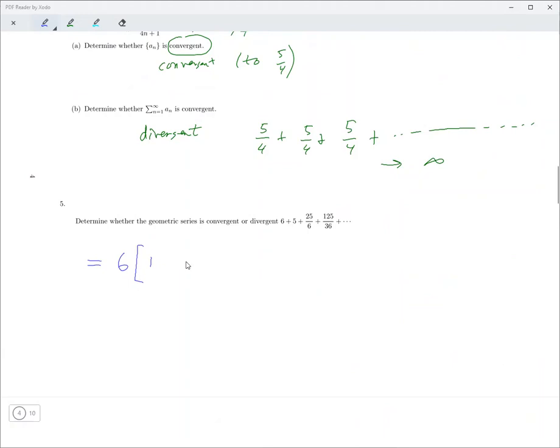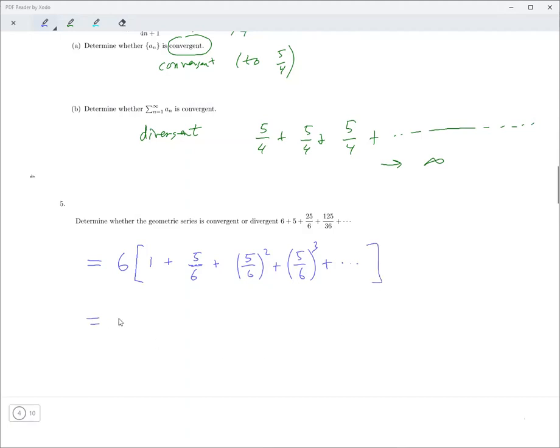Factoring a 6 out of everything gives you 5/6. Plus, if you factor 6 out of here, you get 25 over 36, which is 5/6 squared. And then this is going to be 5/6 to the third, and so on.